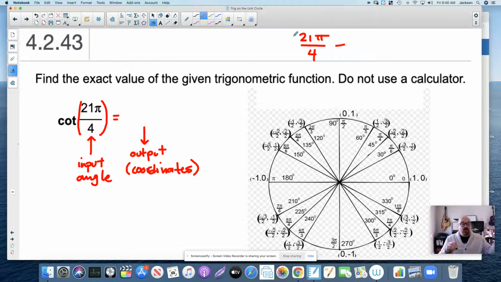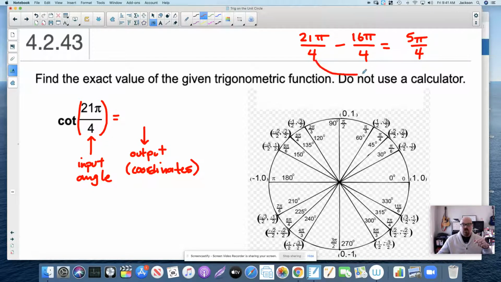That's 24 pi over 4, which is bigger than what we're looking at. So find that sweet spot where we can subtract 8 pi over 4, but then we're going to have to do it again. So instead, think about subtracting what amounts to 2 rotations of the unit circle, and we would end up with 5 pi over 4.